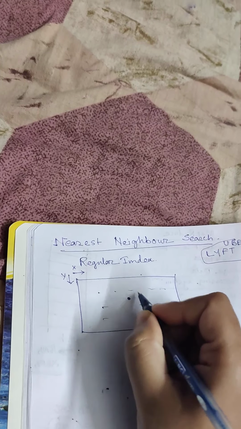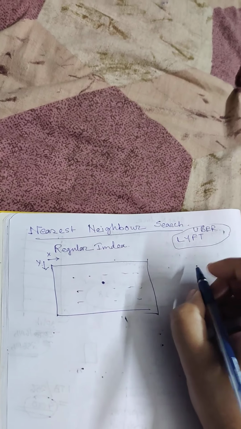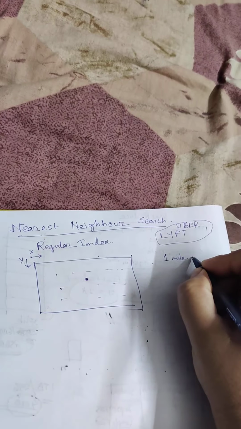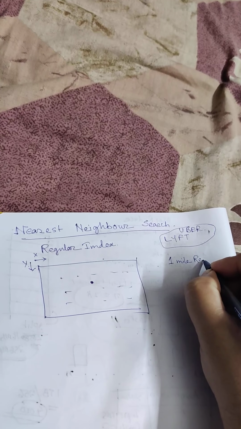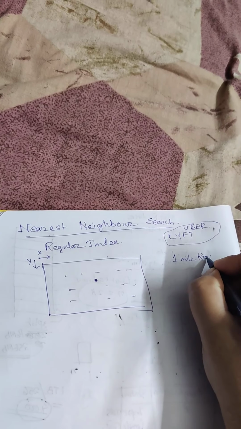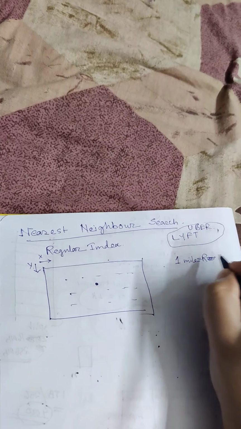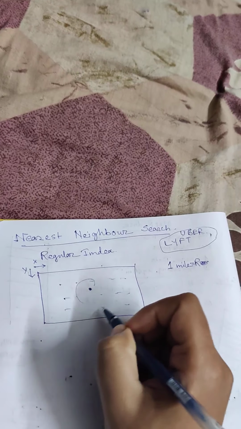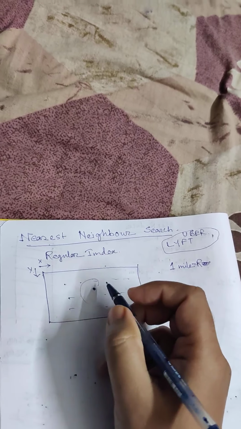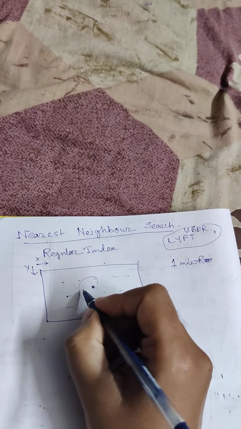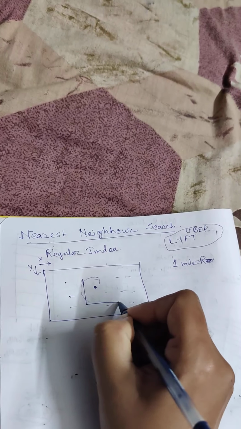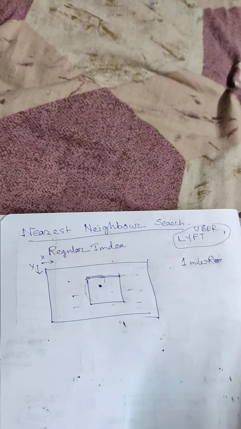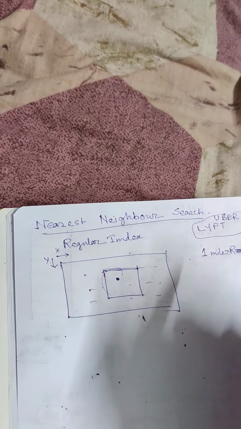Suppose you have some point over here, and within a 1 mile radius you are trying to find people. When we talk about radius, normally we assume the area is a circle, but for simplicity you can assume it is a square, and this square has a radius of 1 mile.